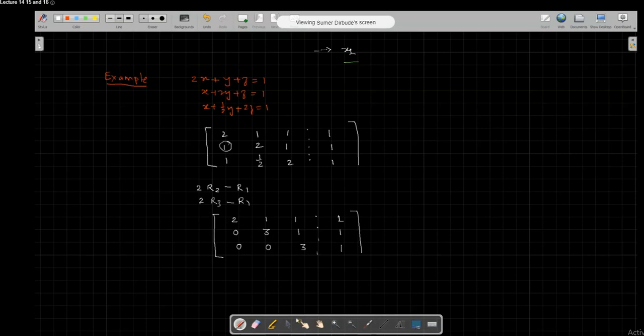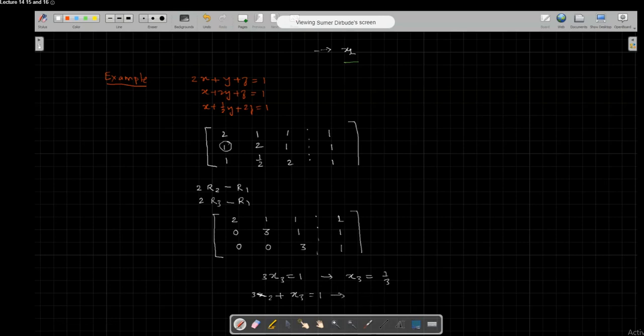So we see now that thrice x3 is equal to 1. This gives us x3 is equal to 1 by 3. In the second equation we have thrice x2 plus x3 is equal to 1.